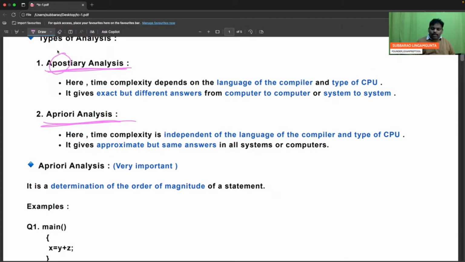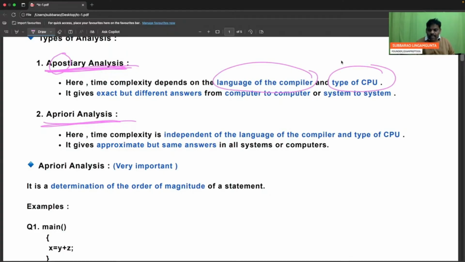If I ask the time complexity of your program, posterior analysis will say you have to mention the language of the compiler and the type of hardware. According to posterior analysis, time complexity is based on the language of the compiler and the type of CPU.